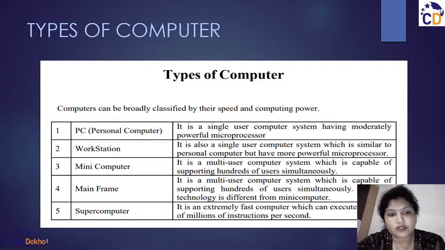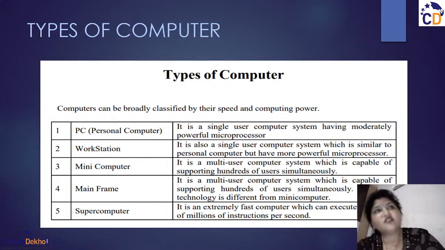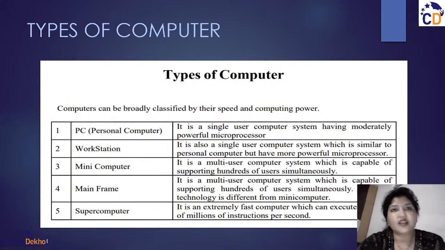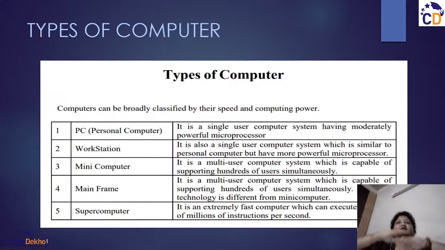What is a supercomputer? The first supercomputer was made by CDAC, right? It is an extremely fast computer which can execute hundreds of millions of instructions per second. So now you can easily understand, if a machine is supporting a smaller number of instructions, then we have that kind of system. If a system is supporting hundreds of instructions, obviously it would be something else.